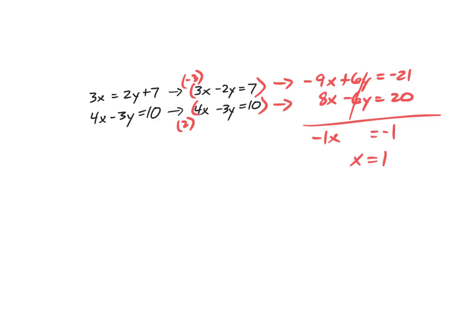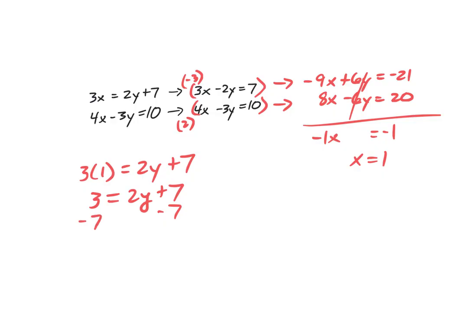So let's say I do the top one. Three times 1 equals 2y plus 7, because we're going to plug 1 in for x. We're going to subtract 7.